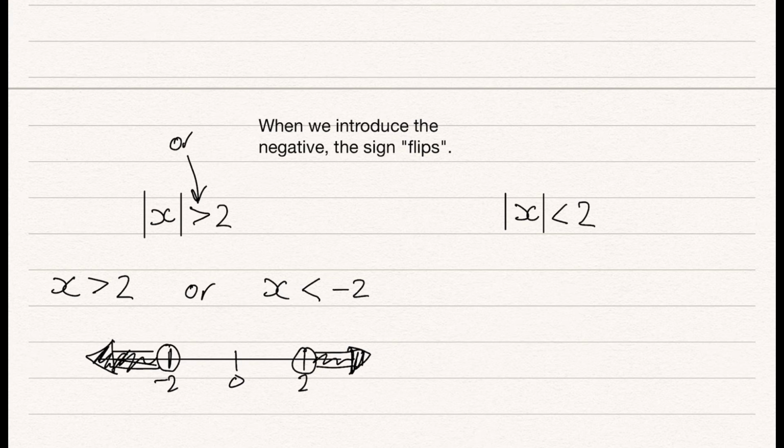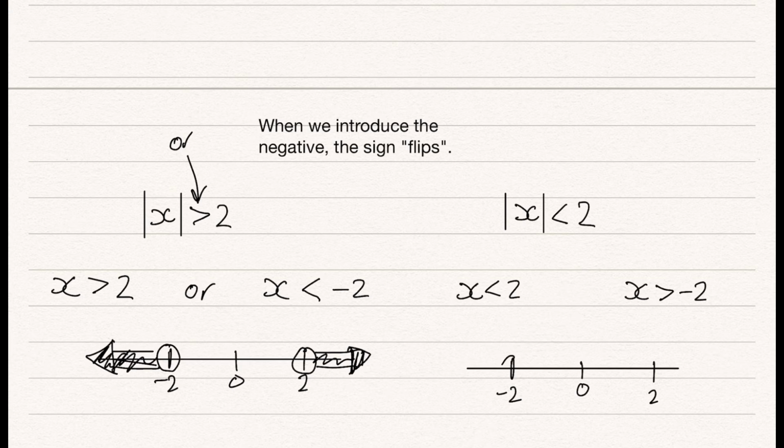So here we've introduced the same equation, but we've switched the symbol to be less than. So we'll follow the same rule. X is less than 2, and here x is greater than negative 2. But when we graph these, we find that the relationship's a little different. We have 2 here, and we want to go to everything to the right, or from negative 2, and everything to the left of 2.